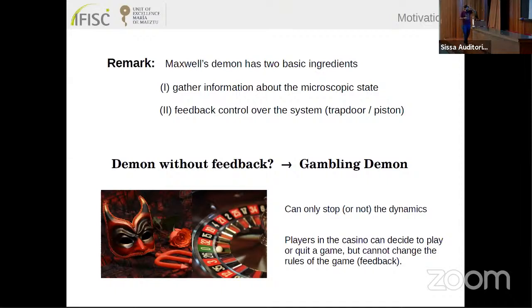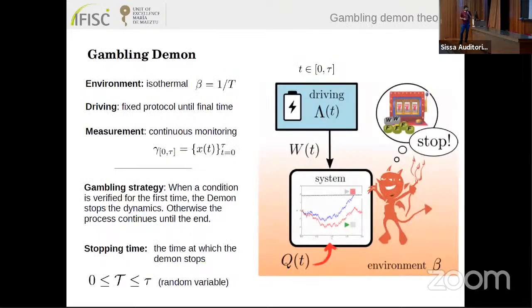And this is somehow similar to what happens with players in the casino that can decide either to continue the game or quit the game, but they are not able to change the rules of the game. For instance, they are not able to shake the roulette if they don't like the result.